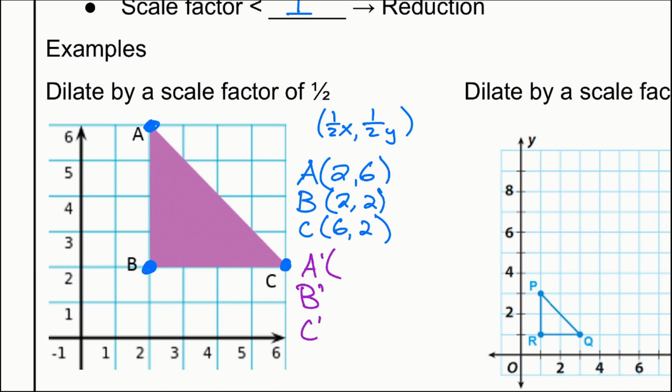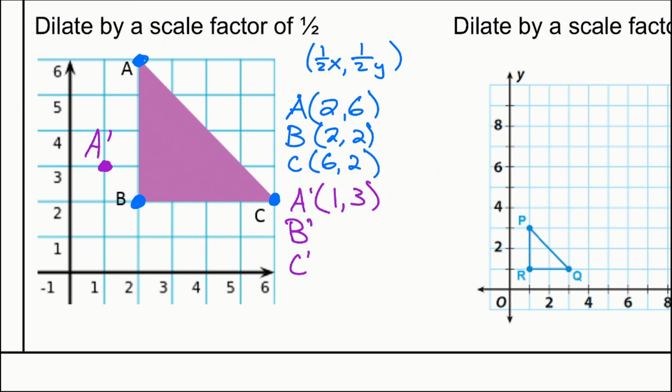So A prime, if you multiply 2 and 6 by 1/2, you would get 1, 3. So that is where we would expect A prime to be. B prime, if you multiply 2 by 1/2, you'll get 1 and 1. So that would be B prime.